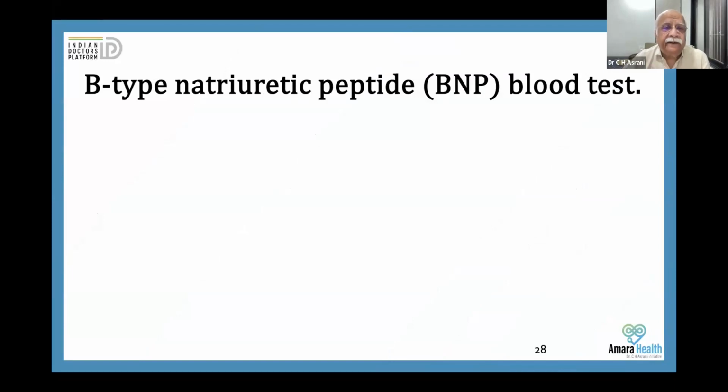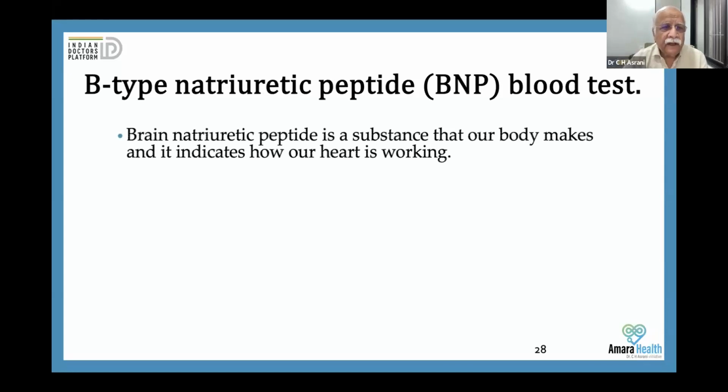B-type natriuretic peptide, BNP, is a very commonly done test nowadays, even before deciding to admit a patient to a hospital. Brain natriuretic peptide, B is for brain, is a substance that our body makes and indicates how our heart is working.